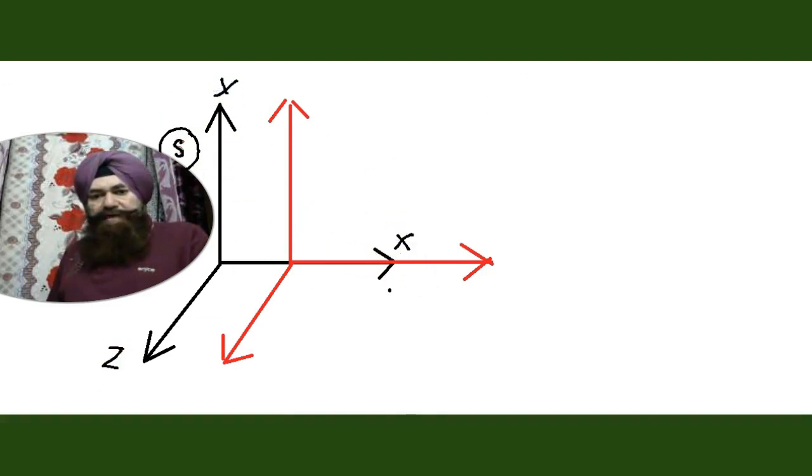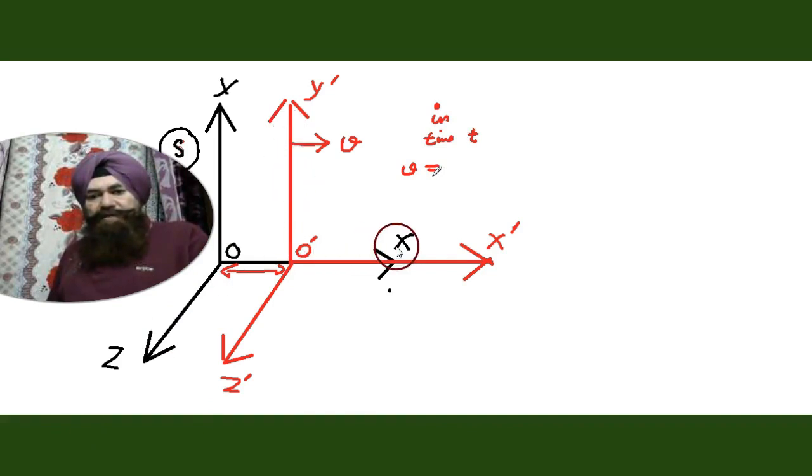This frame has x dash, y dash, z dash axes, and origins O and O dash, and it is moving with velocity v. We are thinking that both frames were coinciding at time t equals 0, and this is the position of the two frames after time t.